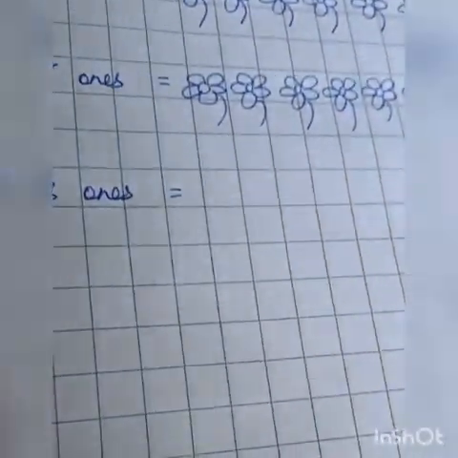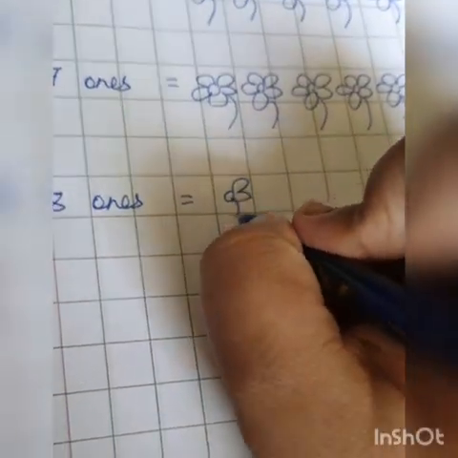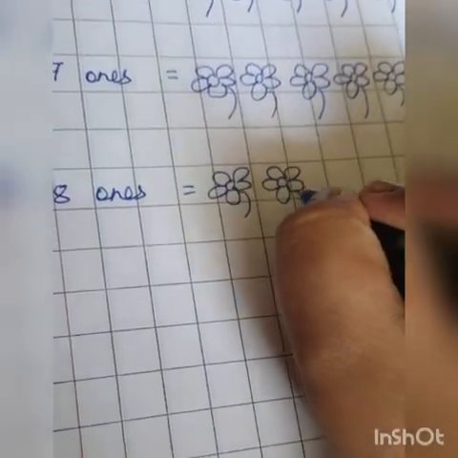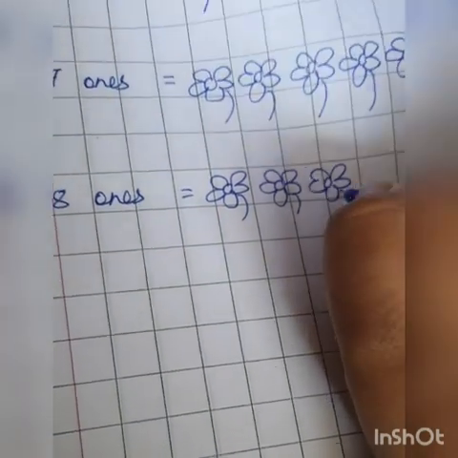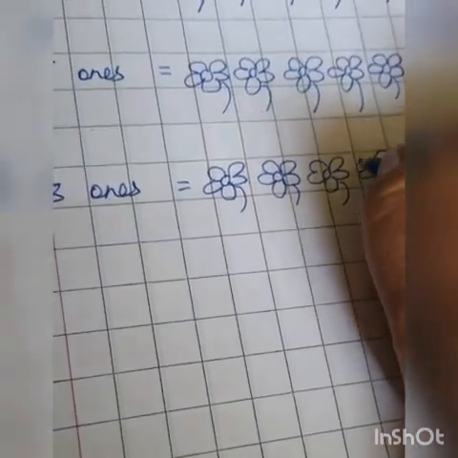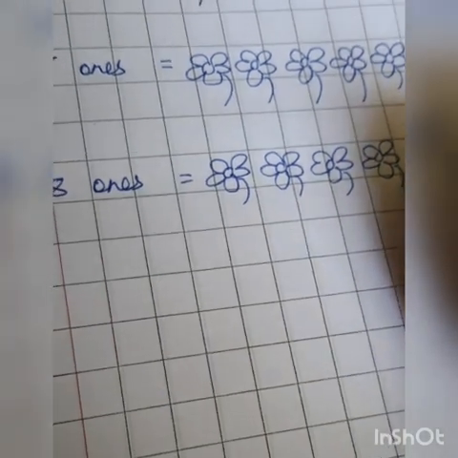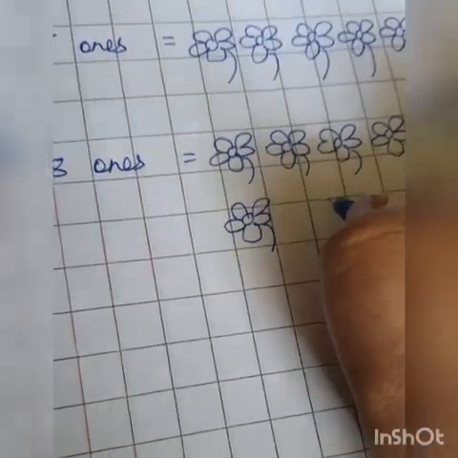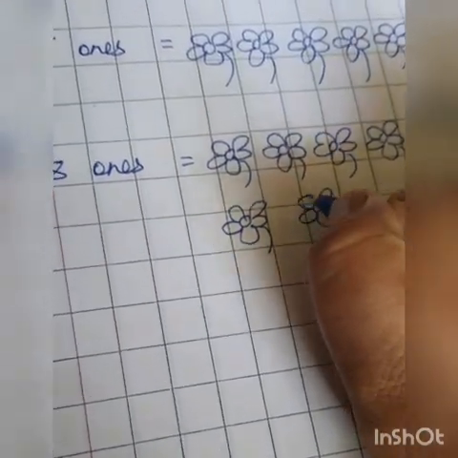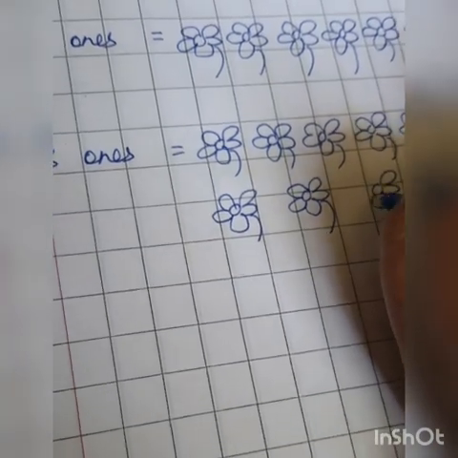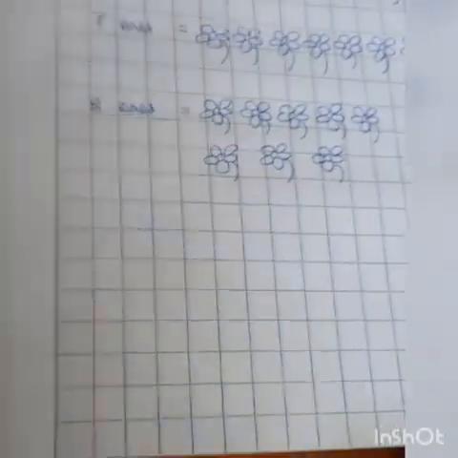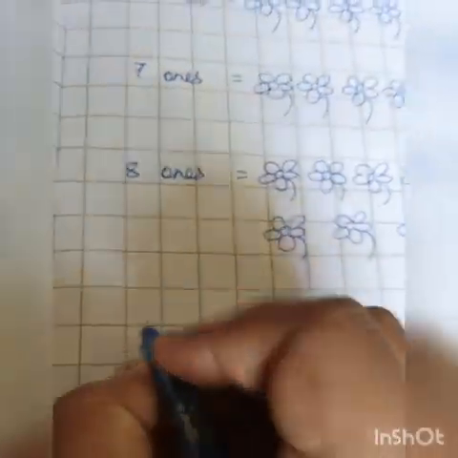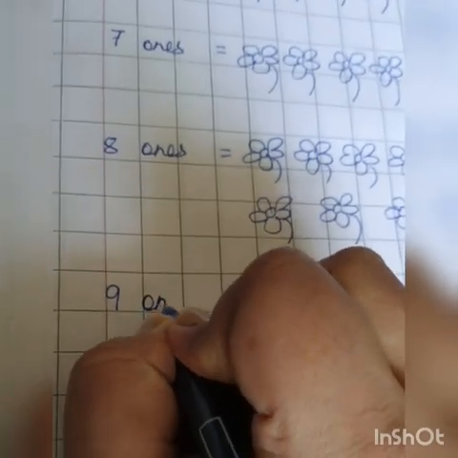Now 8 ones. 8 ones means 8 flowers. Since we don't have much space, we'll write in 2 lines. 1 flower, 2 flower, 3, 4, 5 flowers, 6 flowers, 7 flowers, 8 flowers. So 8 ones, 8 flowers. Then comes 9 ones.